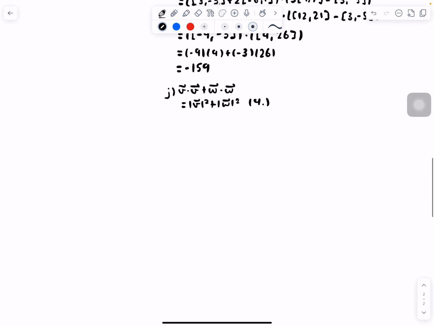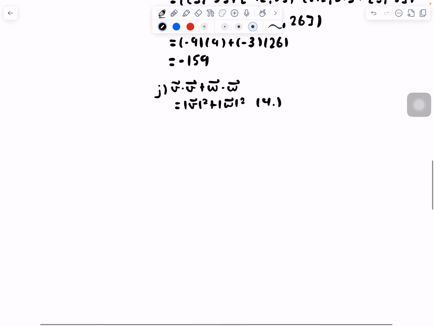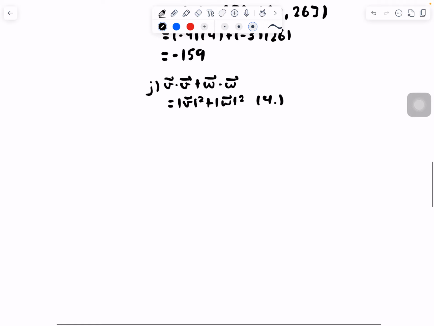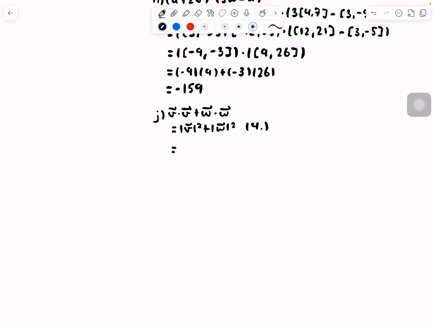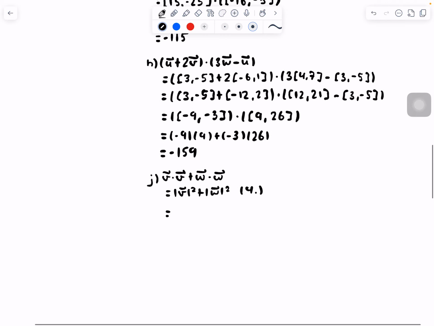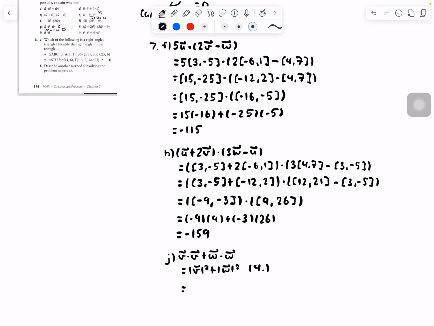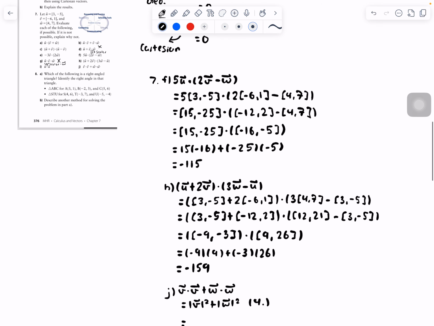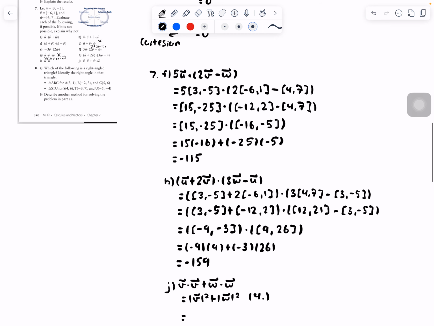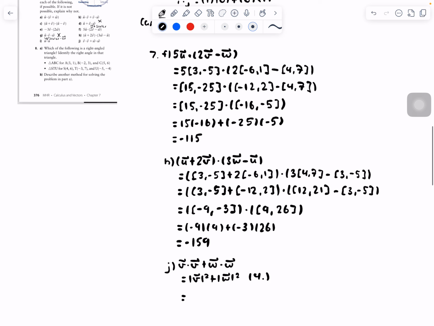You could always do the dot product as well, but I like this way better because I see a property, I'm going to use it. So you should think as mathematicians. Then we just find the modulus of V and the modulus of W, and we square them. For V, that would be negative 6 squared plus 1 squared, so square root 37.